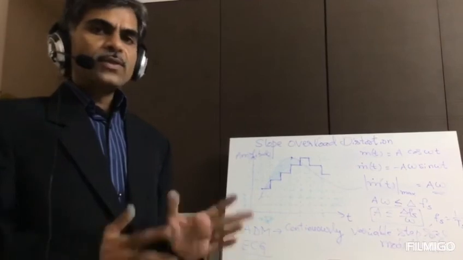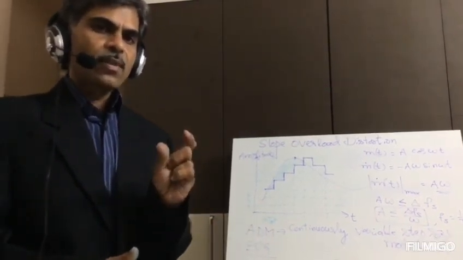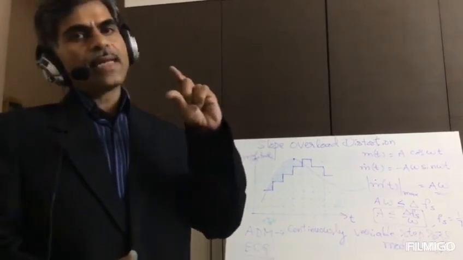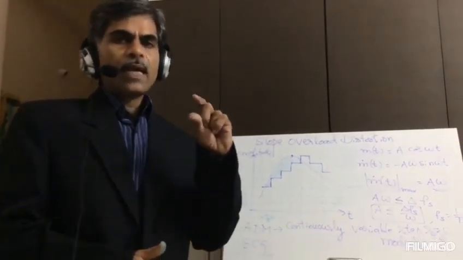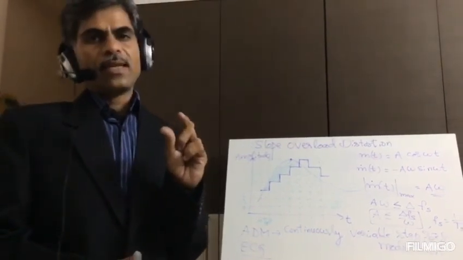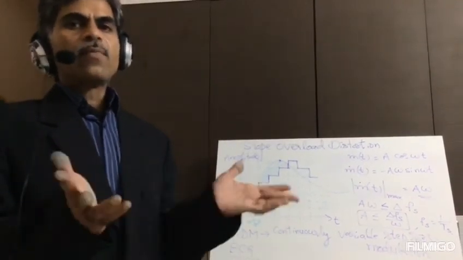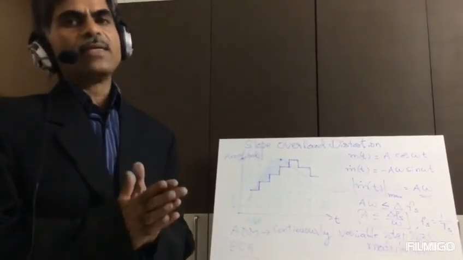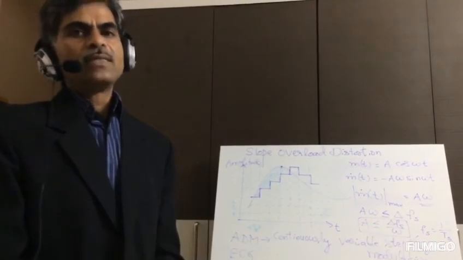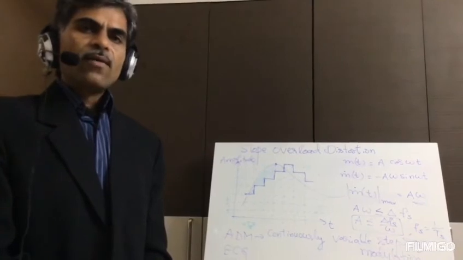And if you make sure that the successive samples are closely spaced, then obviously the difference between current sample and previous sample will be small enough, which we indicate by delta. That is, it is an incremental value. Therefore, we don't need more number of bits, rather we need less number of bits, and also we make the number of bits n equal to 1 in the delta modulator, and hence we use the 1-bit quantizer.